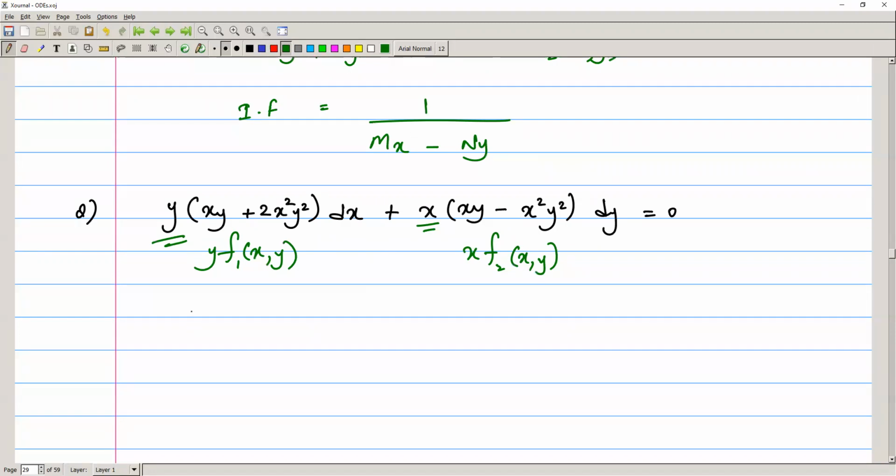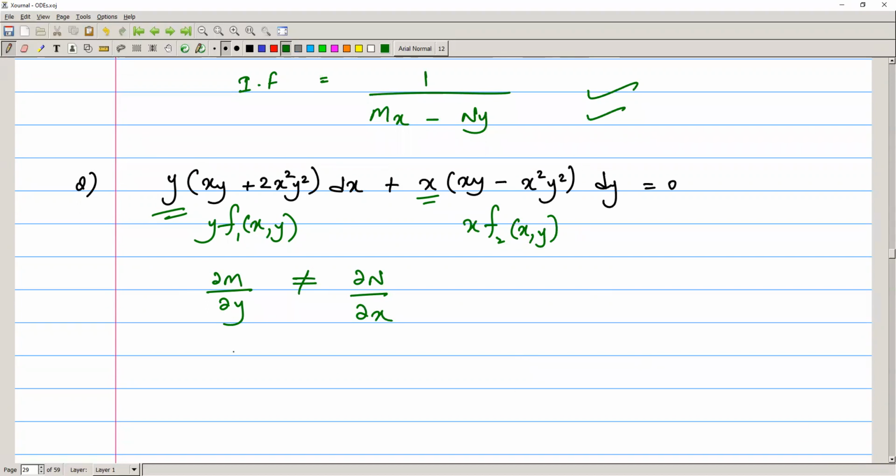We can see that this equation is not exact. We can actually check by applying partial M over partial y and partial N over partial x. So I'm writing it directly. In this case, these are not equal. You can check by yourself. So we'll find an integrating factor using this form, that is 1 over Mx minus Ny.